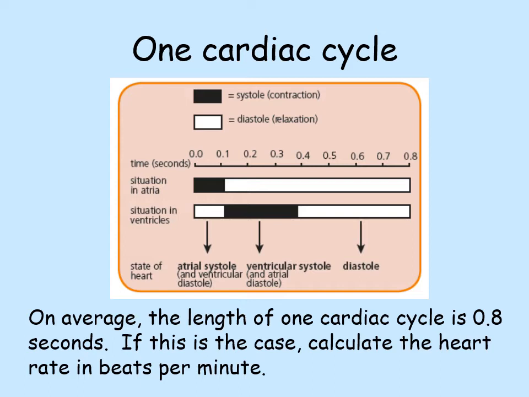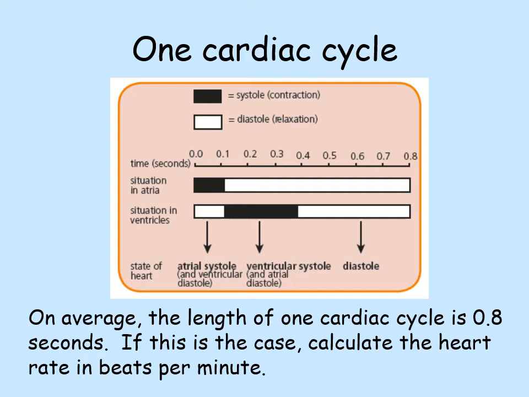In the diagram, there's a key with a black box and a white box. The black box represents systole or contraction and the white box represents diastole or relaxation. Underneath the key we have our timeline, which goes from 0 seconds to 0.8 seconds. On average, that's how long one cardiac cycle is, 0.8 seconds.